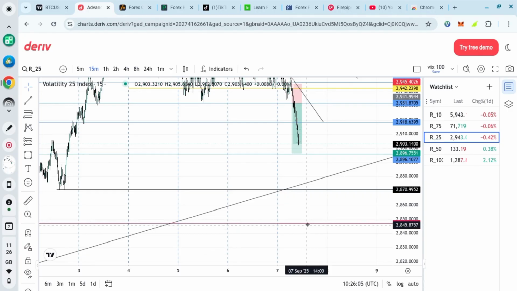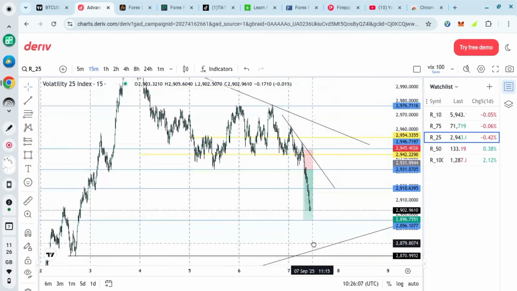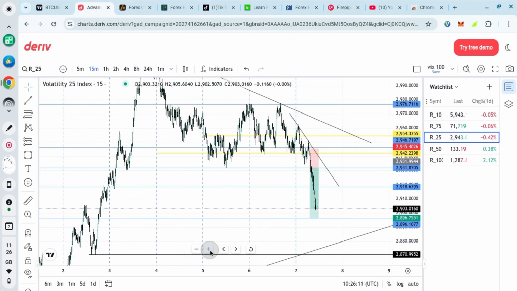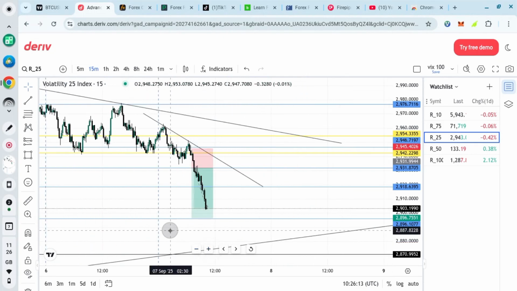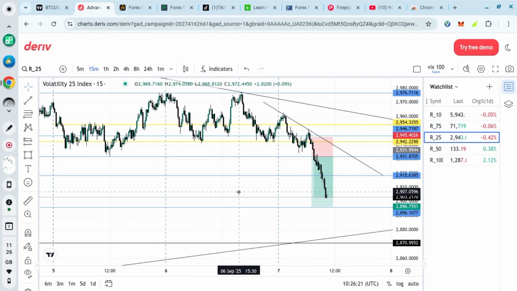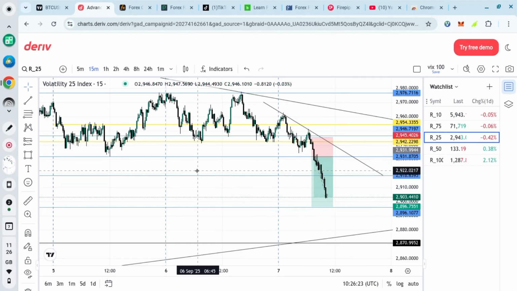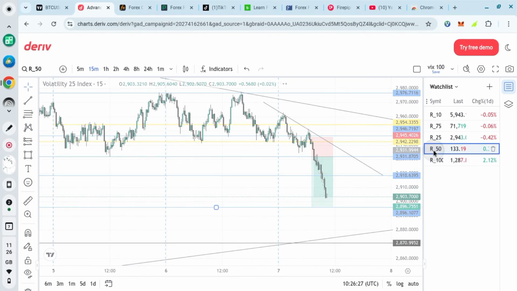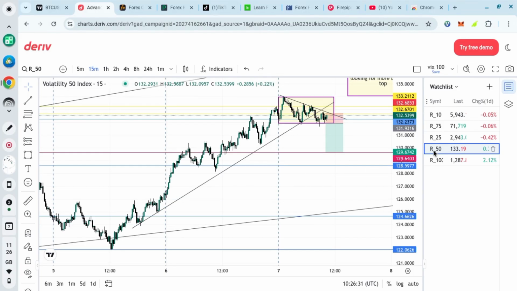So it's very simple on how to trade volatility, and this method works in all the volatility pairs, even on crypto and forex trading. You can also see this V50, same thing.